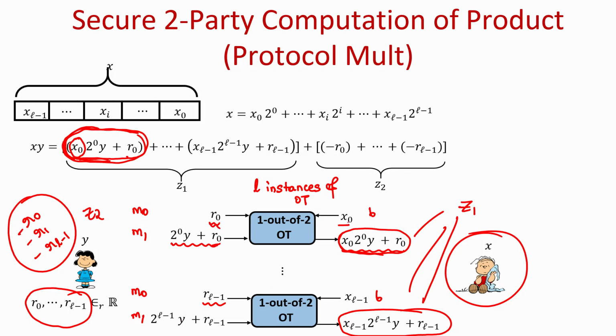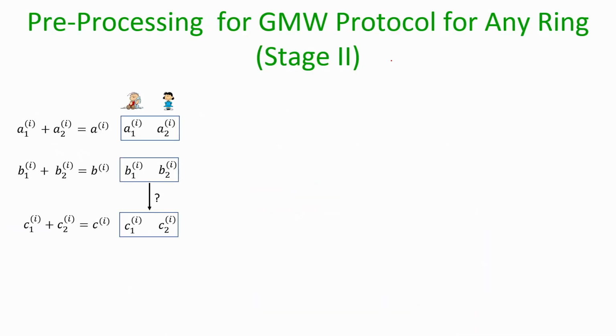Depending upon the choice bit, either the mask is received or a masked version of a power of product of Y is received, but not both of them, and for each instance of OT a random mask is used. So, that ensures that if the owner of X is corrupt, it does not learn anything about Y. So, we have now obtained a secure mult protocol.